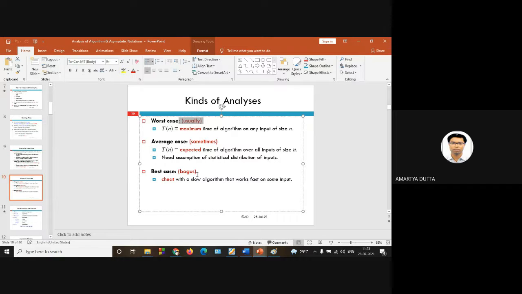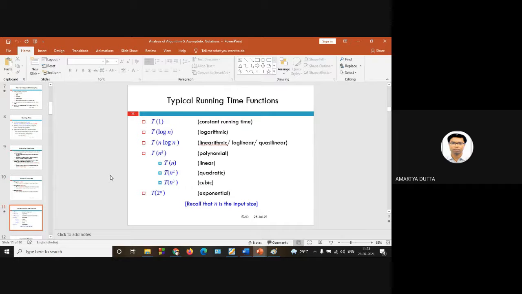The best case is just a cheat with a slow algorithm that works fast on some input. So this is the typical running time.